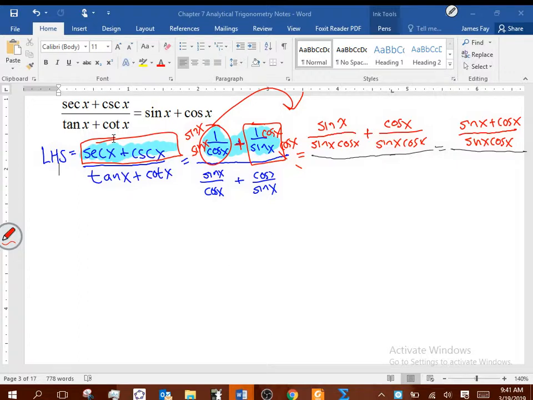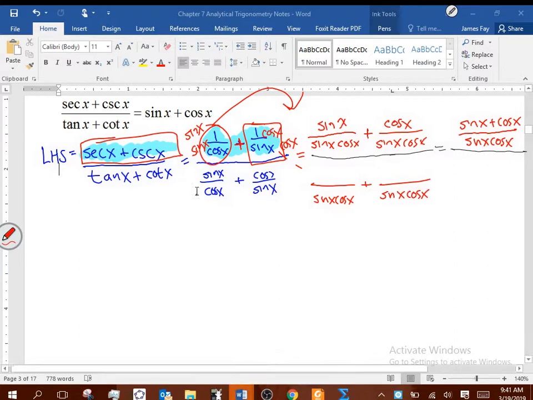Okay? So approaching this bottom here, what do I need to add those two fractions together? Common denominator. What's that common denominator going to be? Sine x cosine x. So that'll be the first fraction. This will be the second one. What do I need to multiply this one by?